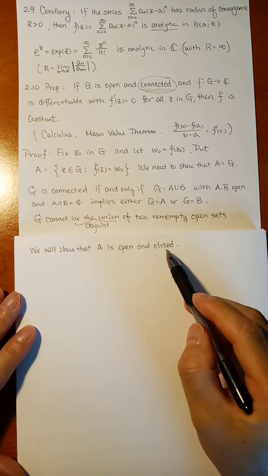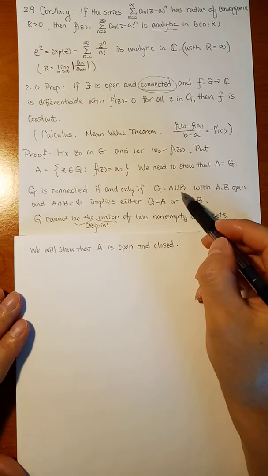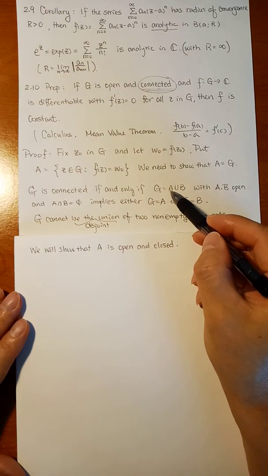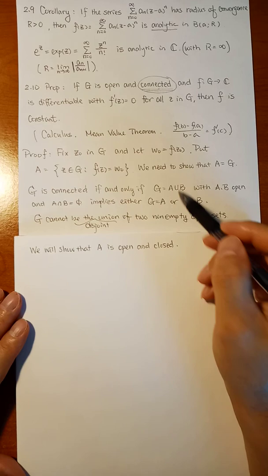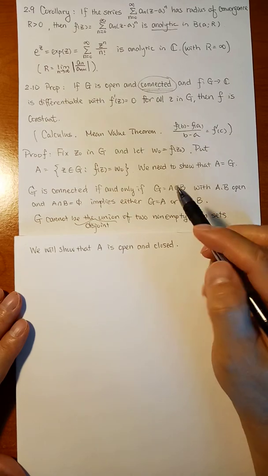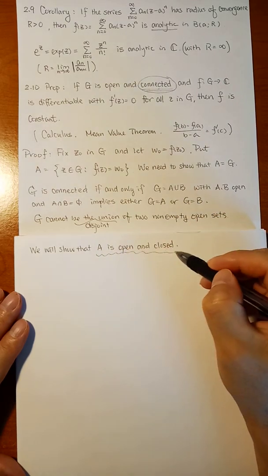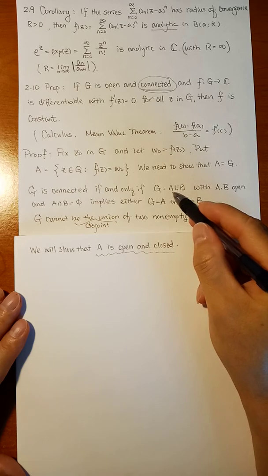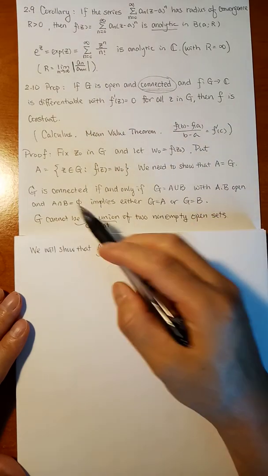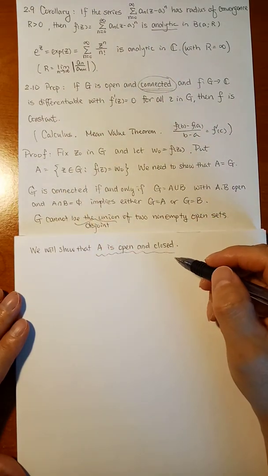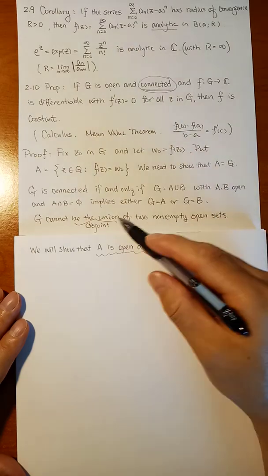Why is A open and closed? How do we get closed? Because if B is open, then its complement will be closed. This is an equivalent condition about A union B, A, B open, and A intersect B empty.